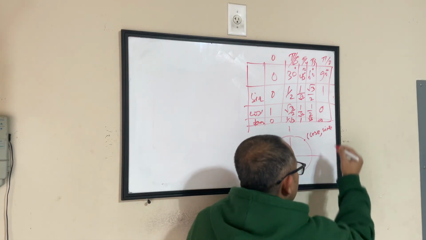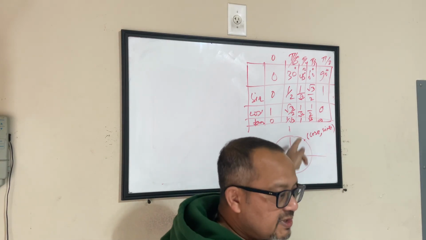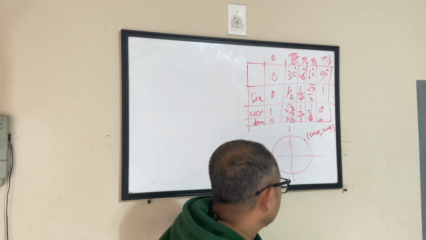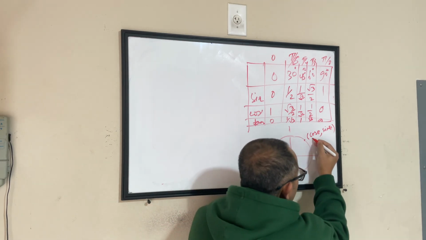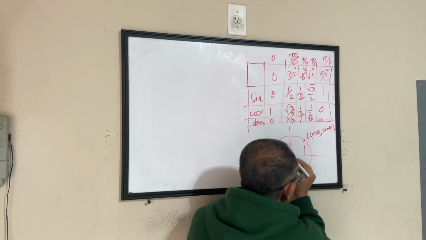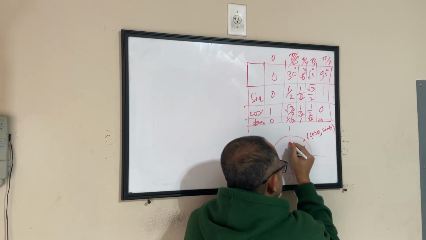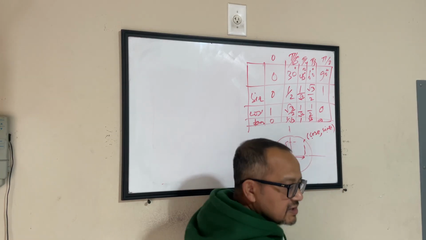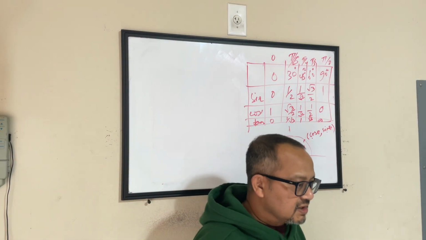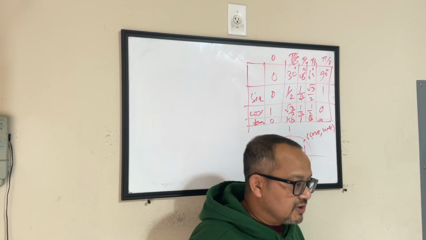Correct? Depending on whatever theta is, you will figure it out. If I am saying x coordinate, I am talking about the distance along the x axis. If I am talking about the y coordinate, I am talking about the distance along the y axis, the vertical axis. Is this clear to everybody so far?